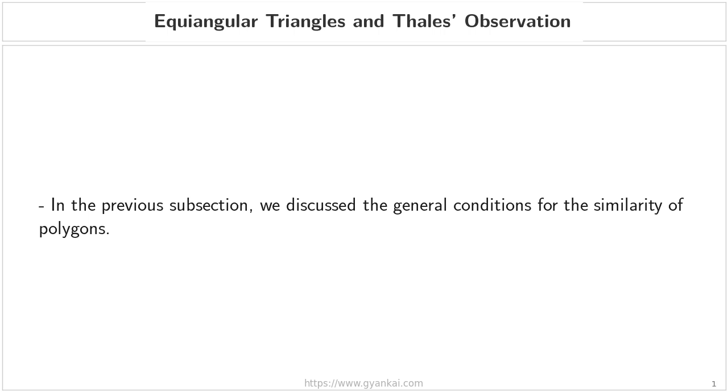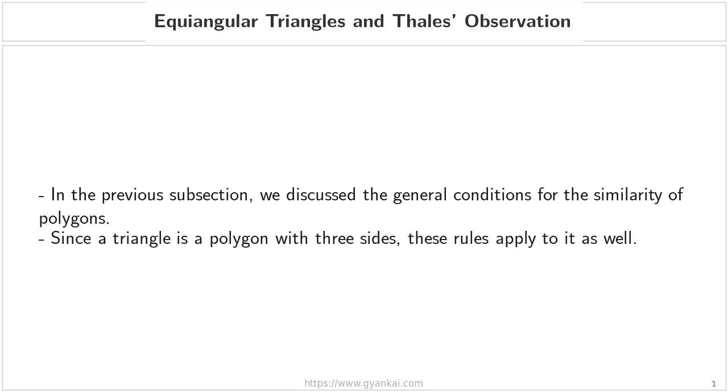Welcome back, everyone. Before we dive into today's new material, let's take a moment to reflect on what we've already covered. In our previous subsection, we explored the general conditions required for polygons to be considered similar. Now, keep in mind that a triangle is simply a specific type of polygon, one with exactly 3 sides, so all those fundamental rules we discussed previously apply directly to triangles as well.